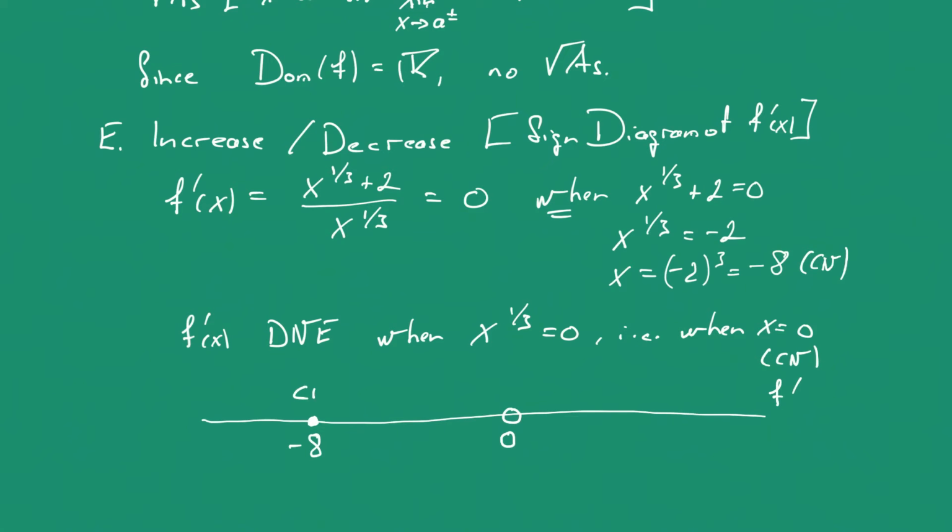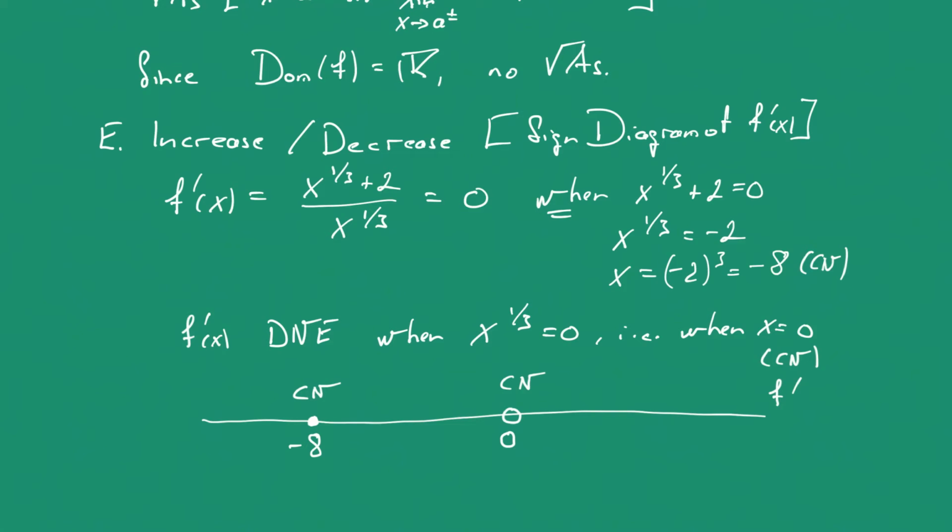And we notice that in this case both -8 and 0 are critical numbers. We can find the sign diagram now for f' just by noting that, as usual, our function f' in this case cannot change sign on any of the intervals determined by these two numbers.